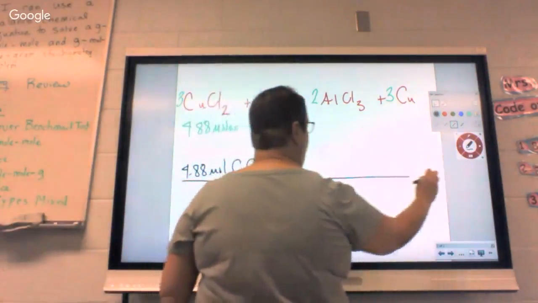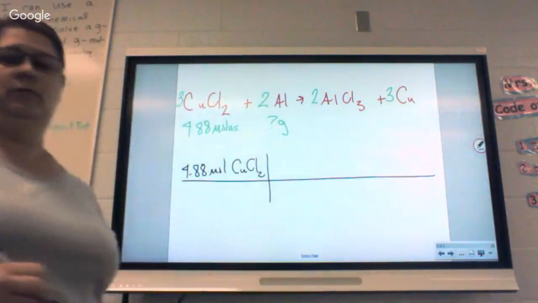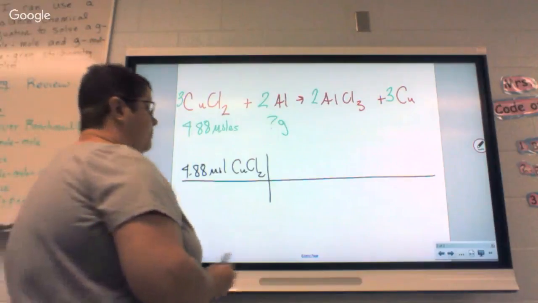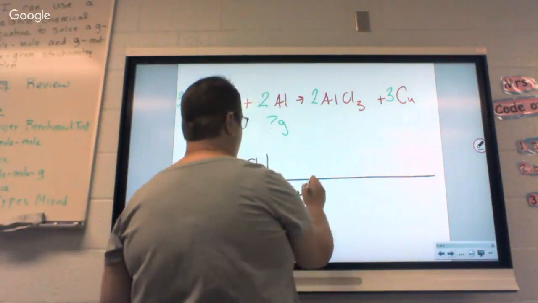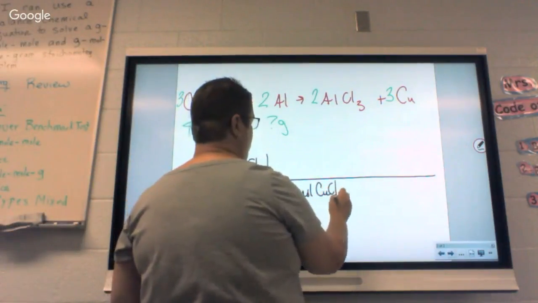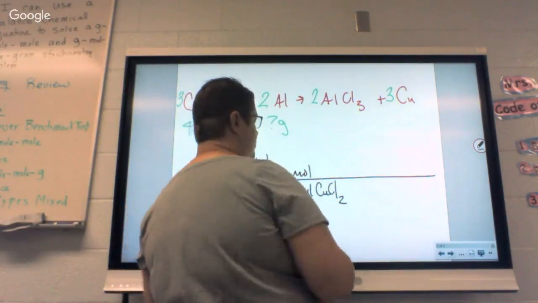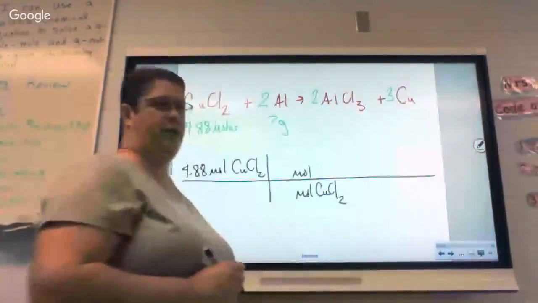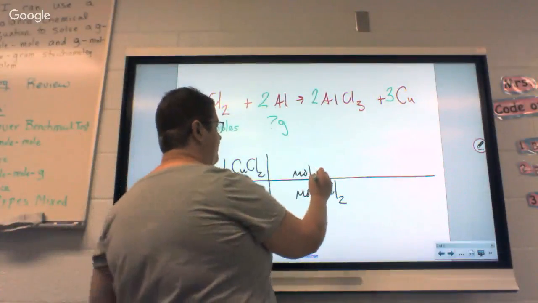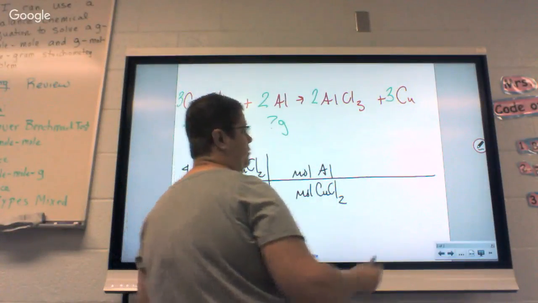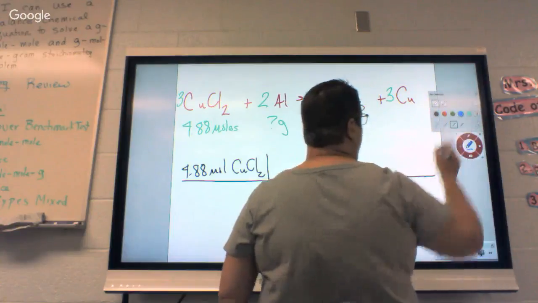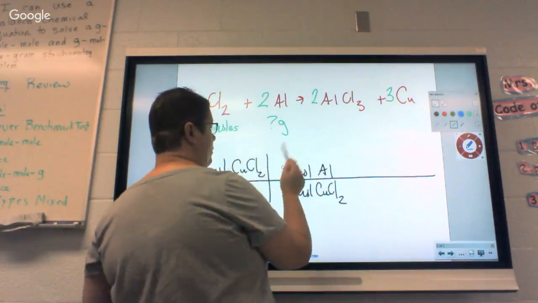So what's going on the bottom, Emma? 3 moles of copper. All right, we'll put in the numbers in a second. CuCl2, are we changing compound? So, for moles on top, what compound or element are we changing it to? All right, so this is our mole ratio, so what coefficient did I put here?